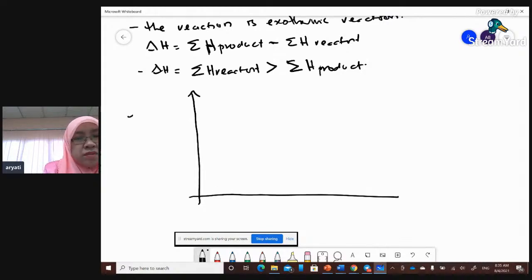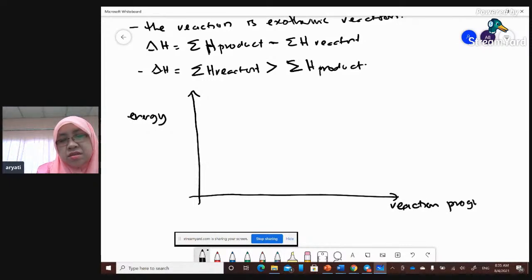This one is energy, this one is reaction progress. Okay, so enthalpy of reactant will be higher dekat atas. So product will be lower.